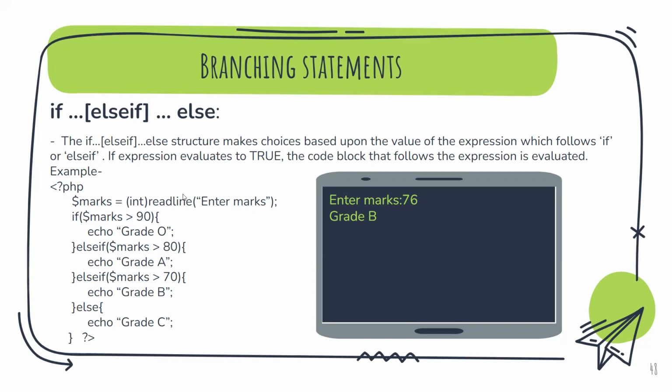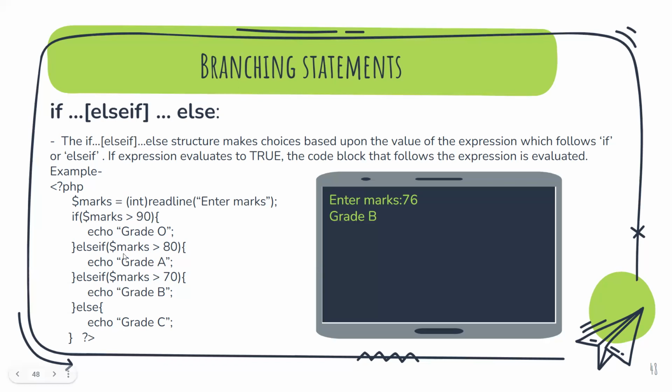Now I've got 76 from the user. So I'm checking, is 76 greater than 90? This condition evaluates to false, so I will go to the next else if condition.